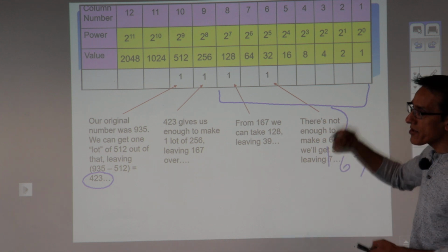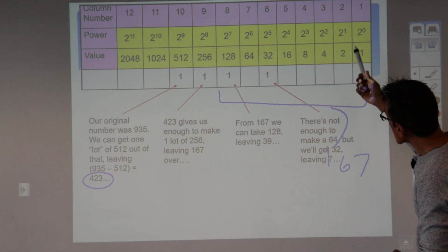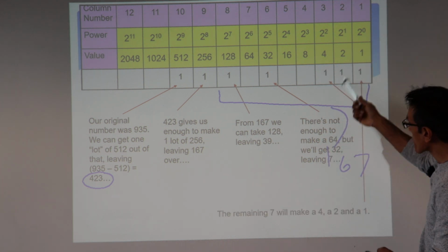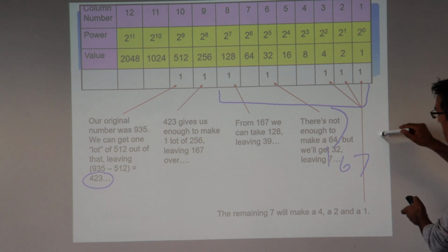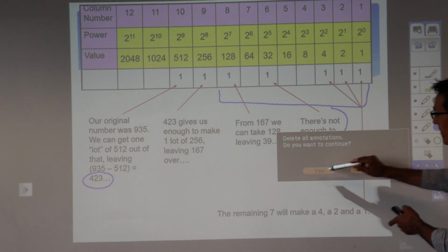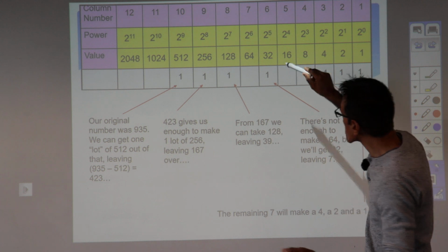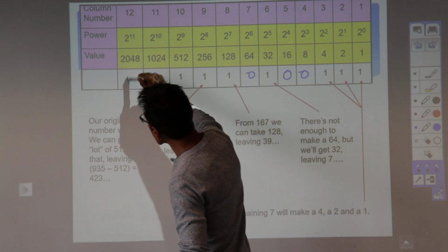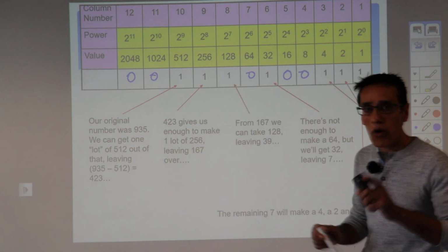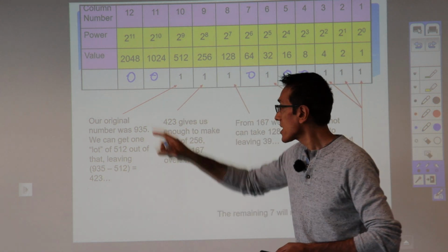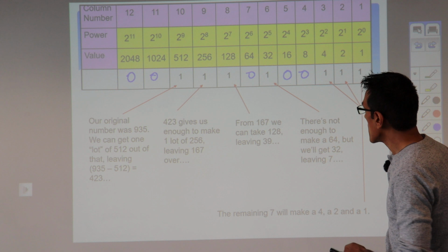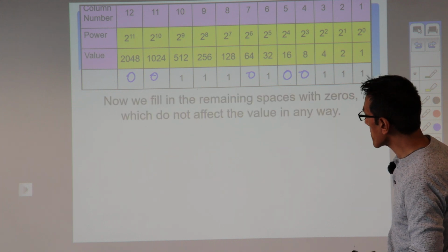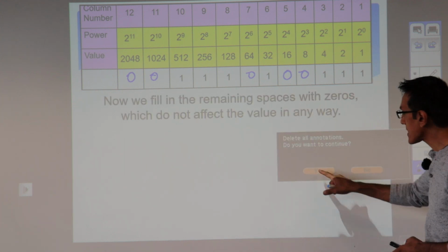We need a 32, we need a 4, a 2 and a 1. And then anything we didn't use is a 0. A binary number only uses zeros and ones. This then becomes my binary number. Easy.